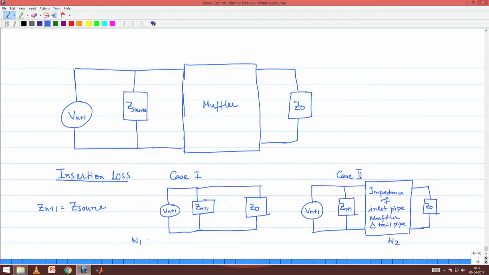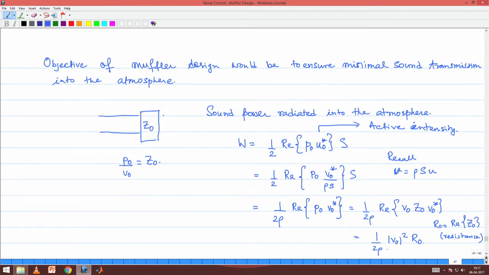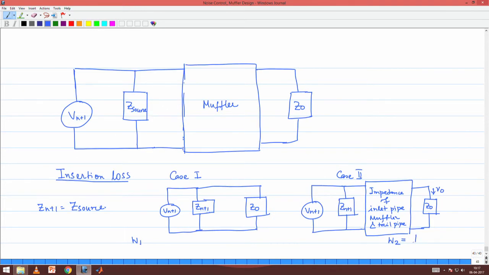Okay. So, here for W2 we know that if V0 is the current that was flowing through the final load resistance, we have already derived this expression that W will be 1 by 2 rho |V0|^2 into R0.